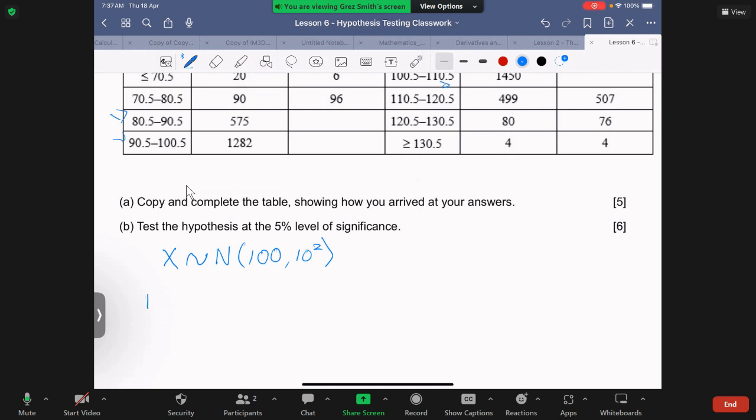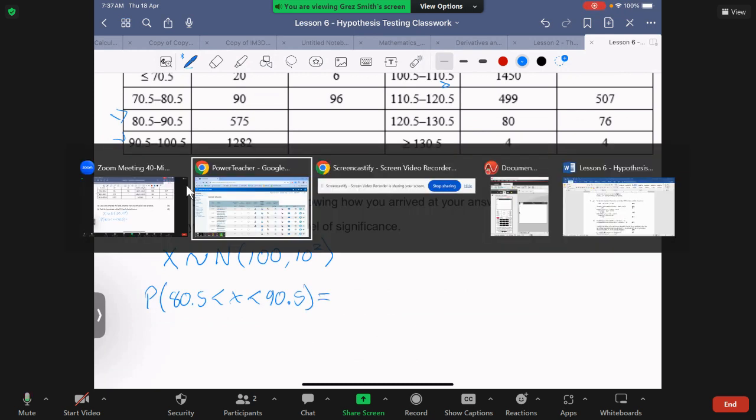So the first thing we need to do is say that the probability that a student selected at random will have an IQ between 80.5 and 90.5. We use our calculator for that.